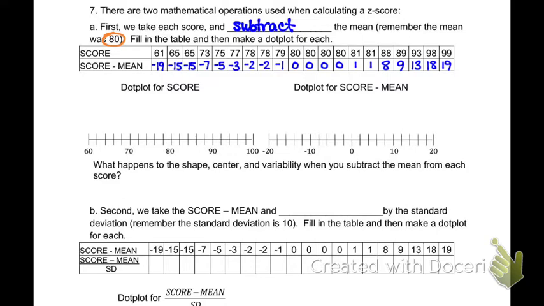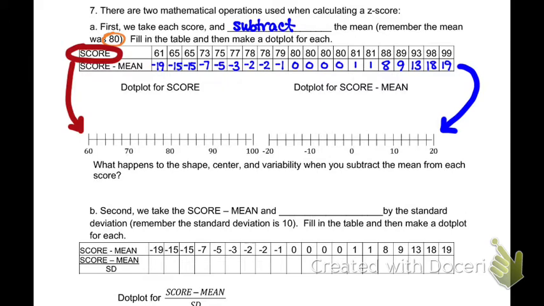I want to use that to make a dot plot. So I want a dot plot for the score, and I want a dot plot for the score minus mean. So these values right here, I'm going to put on this dot plot, and these values I'm going to put on this dot plot here.